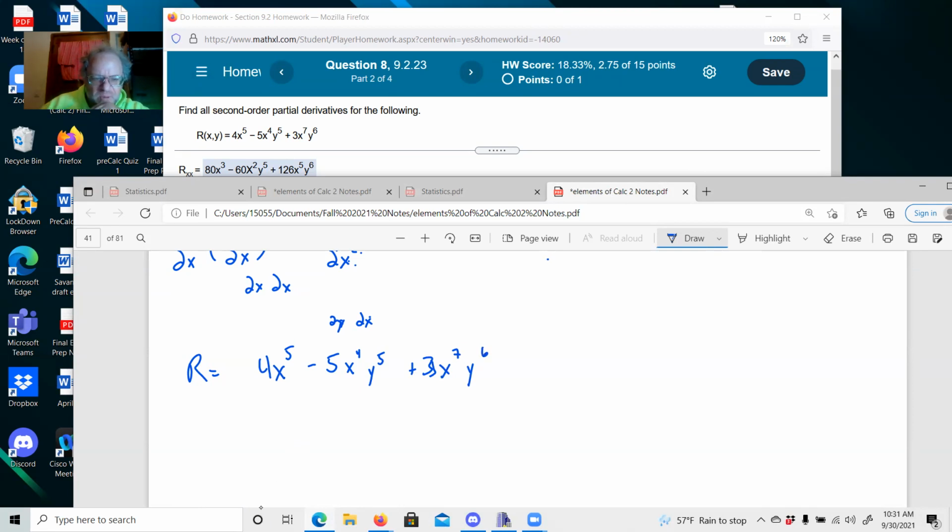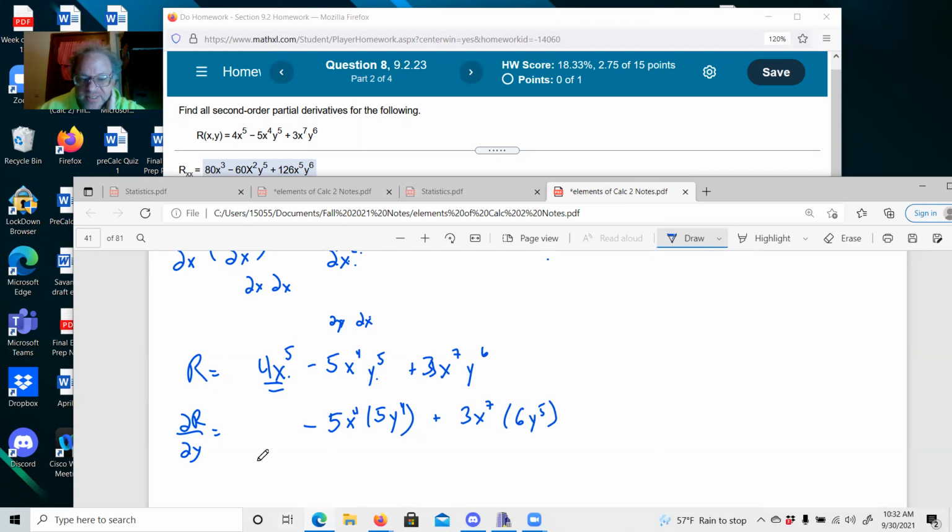Partial of y, so dr dy. What's the derivative of x with respect to y? This is a constant. This is 0. So we have minus 5x to the 4th, and we take the derivative of y. That's 5y to the 4th. Plus 3x to the 7th, and the derivative here is 6y to the 5th.